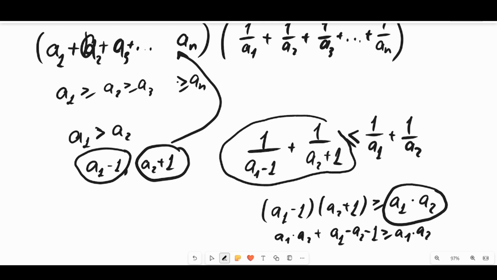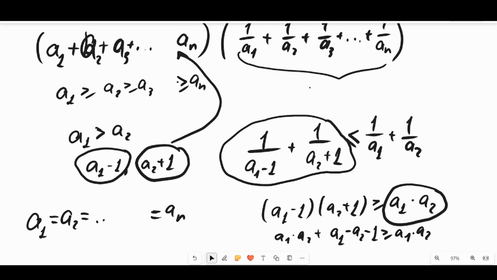And now we will see that this function will attain its minimum when all of these numbers are the same. Like a1 must be equal to a2, must be equal to a3, and so on until an. There may be some difficulty to find the exact equality, because some of them may be odd and some of them may be even. But in this case, their difference must be at most 1.